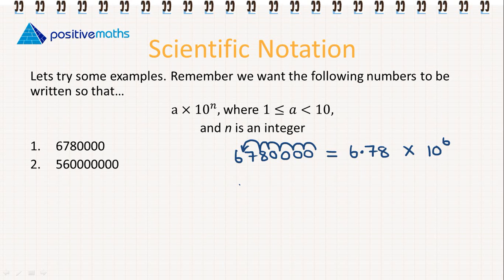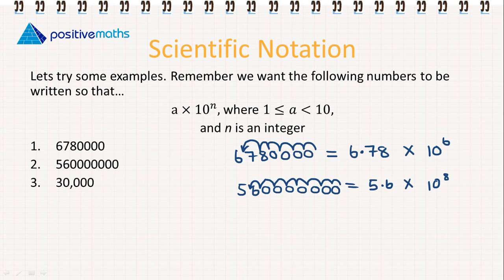Our second example: 56 and then we have 7 zeros. Again, I need to find a number between 1 and 10. It's going to be 5.6 multiplied by 10, and I count my spaces. 10 to the power of 8.